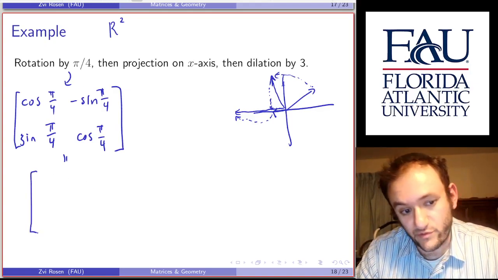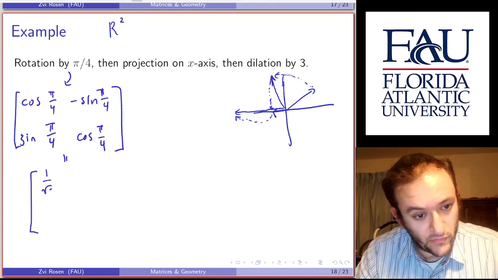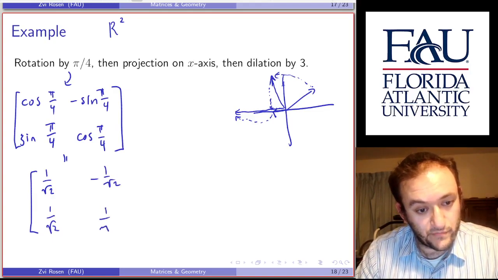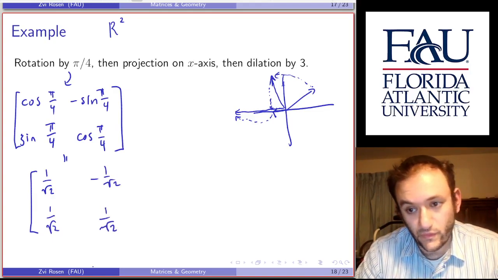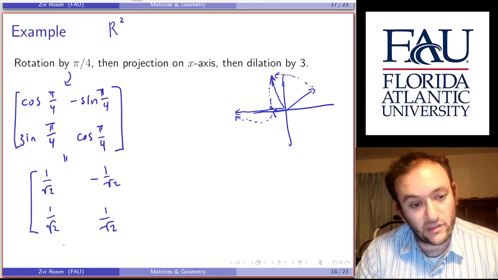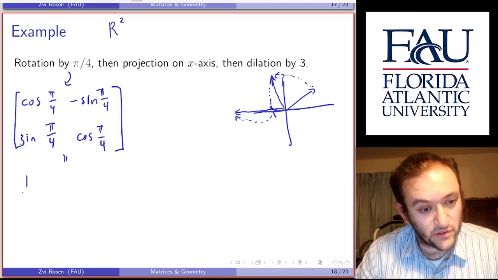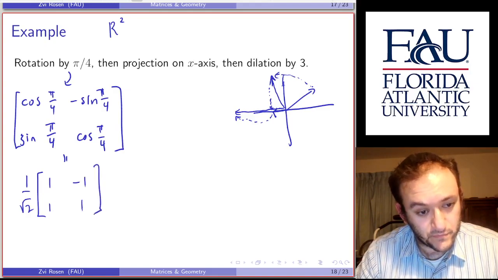I prefer 1 over square root of 2. So 1 over root 2, 1 over root 2, minus 1 over root 2, 1 over root 2. And if you prefer, you can even simplify this a little bit by just factoring out the 1 over the square root of 2 and have the matrix 1, 1, minus 1, 1.